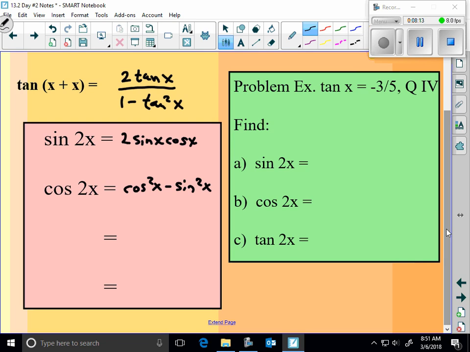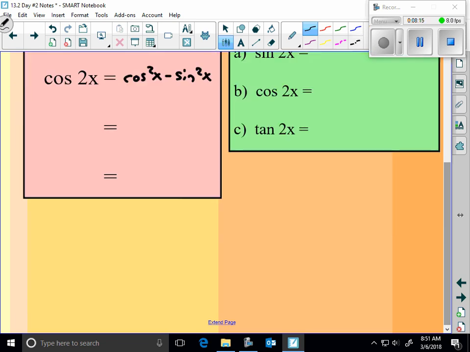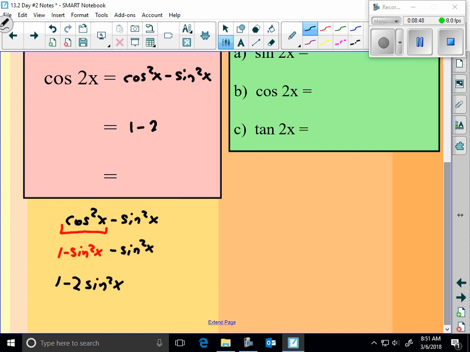And we had one version of cosine 2x, which is cosine squared x minus sine squared x. But there are actually two more versions of cosine 2x that I'd like to cover right now. So let me do a little manipulation down here. What I'm going to do first is this: cosine squared x is actually equal to 1 minus sine squared x. So if I plug in the equivalent version of cosine squared x, I get 1 minus 2 sine squared x. That's an alternate version of cosine 2x.